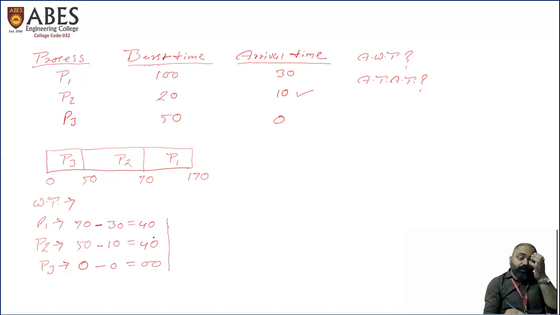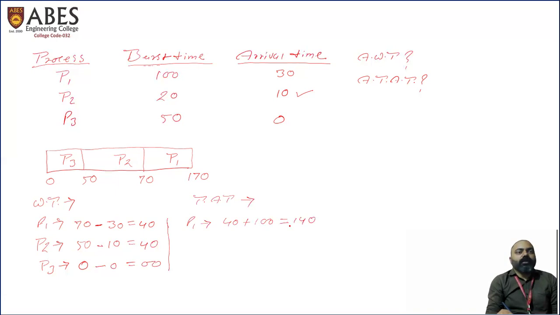Now we have to calculate turnaround time. So TAT for these processes will be, for P1, waiting time, which is 40, plus burst time of P1, which is 100. Waiting time plus burst time. This will be 140.